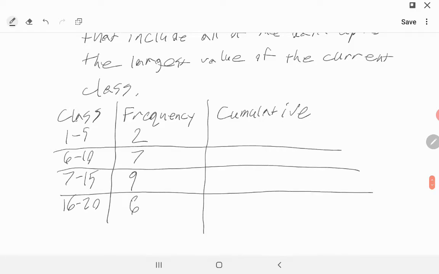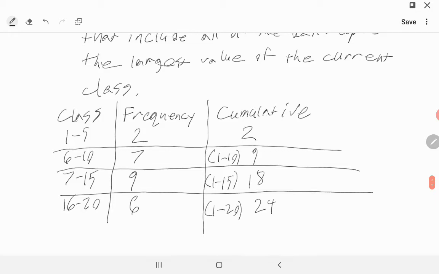The cumulative frequency for the class 1 to 5 just includes 2 values. But now cumulative is thinking of going from 1 to 10, and so that's now going to be 9 values. Then for the next class, we're looking at 1 to 15, and that's going to be 18 values. And then 16 to 20, we're looking at values from 1 to 20, and so the cumulative total is 24.